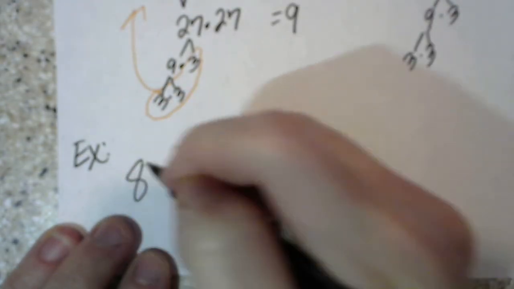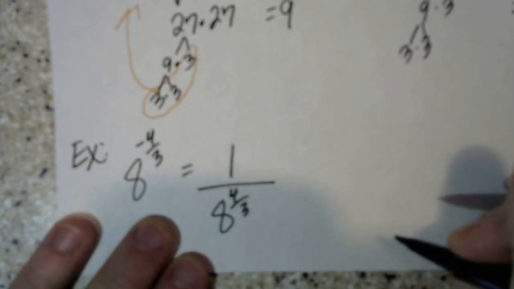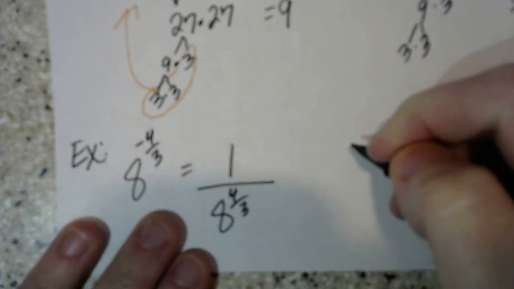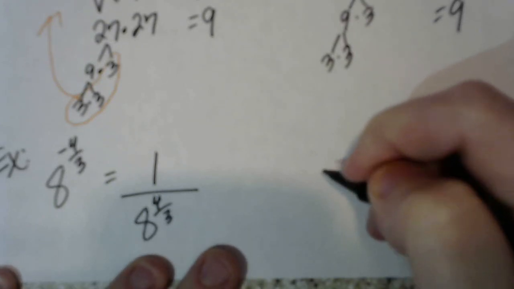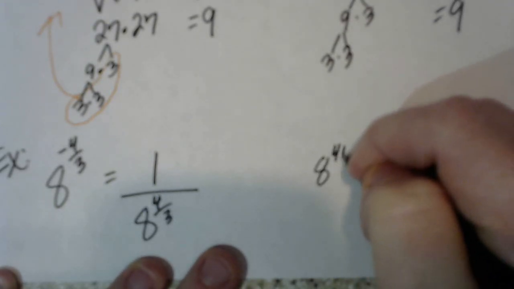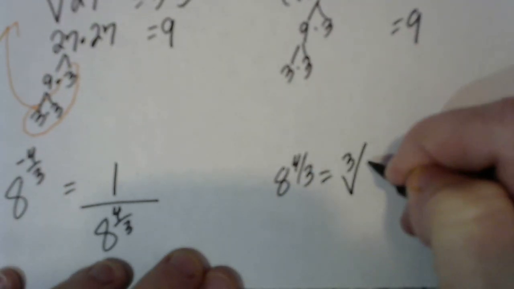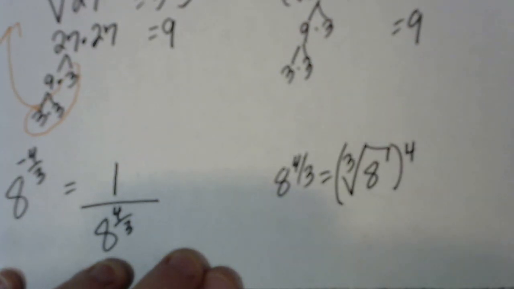So 8 to the negative 4/3. So it's a negative exponent, so I know I need to move it down. So 1 over 8 to the 4/3 power. And then I got to deal with this 8 to the 4/3. So let's come over here. So 8 to the 4/3 power is the same as the cube root of 8, 4 times.